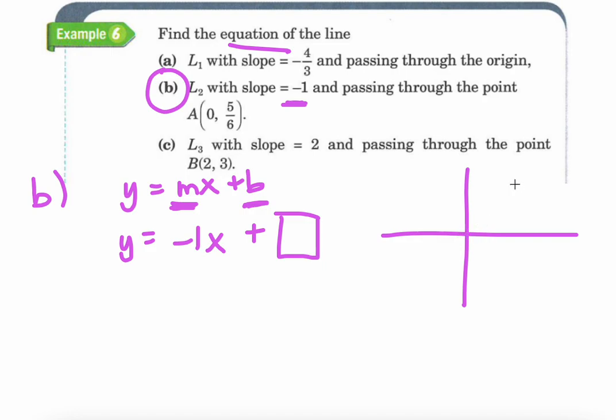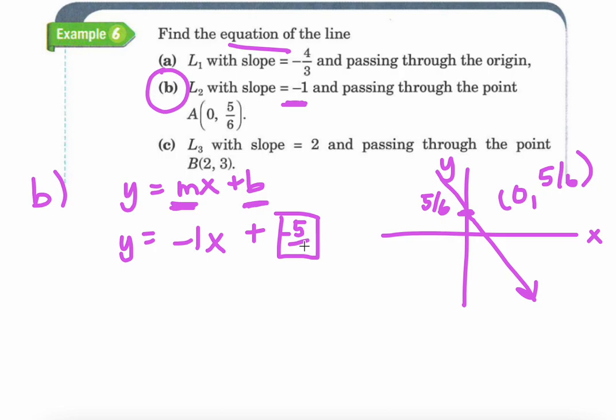You would have to find 0 first on your x-axis, and then you would have to move up to where 5/6 is. Okay, so honestly, that's our b, because that's where it touches the y-axis, and this is a negative slope. So yeah, it's going downwards, and that's where it touches our y-axis. So my b is 5/6.